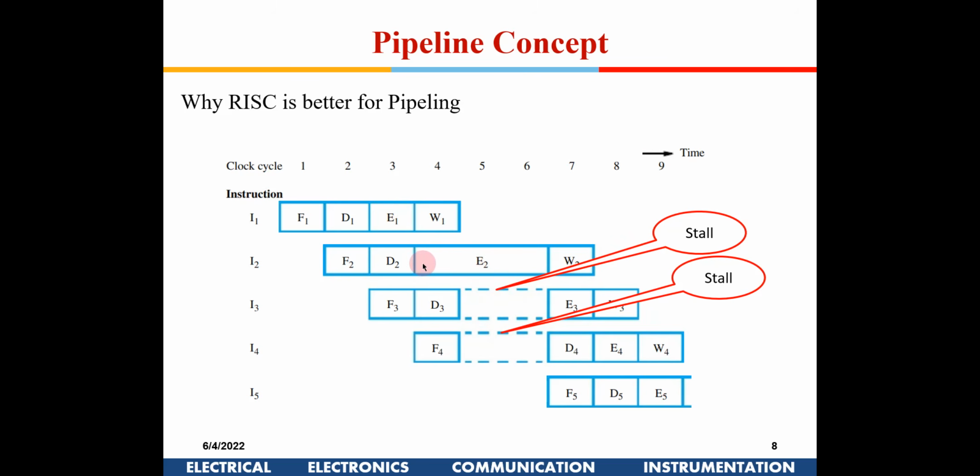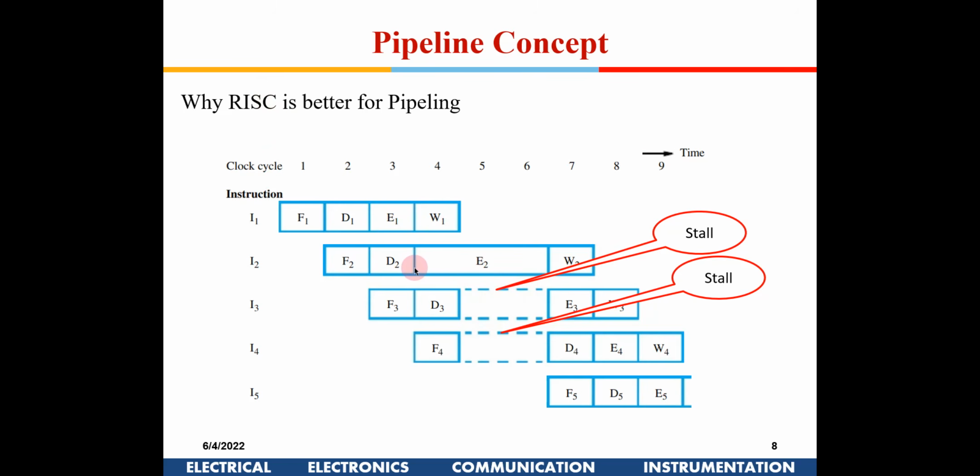You can have a simple command which takes just one clock cycle, or a complex command which can take 3 to 4 clock cycles in CISC computers.